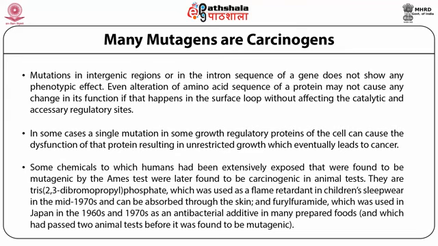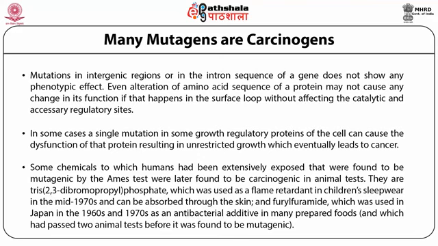Some chemicals to which humans had been extensively exposed that were found to be mutagenic by the Ames test were later found to be carcinogenic in animal tests. They are tris 2,3-dibromopropyl phosphate, which was used as a flame retardant in children's sleepwear in the mid 1970s and can be absorbed through the skin.